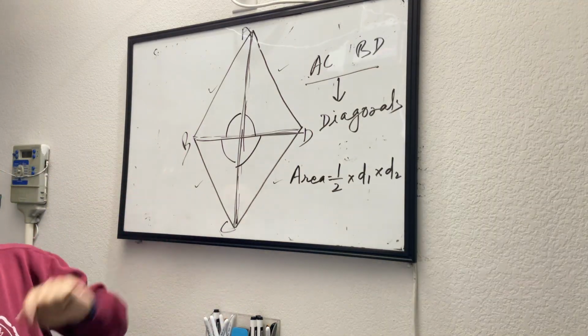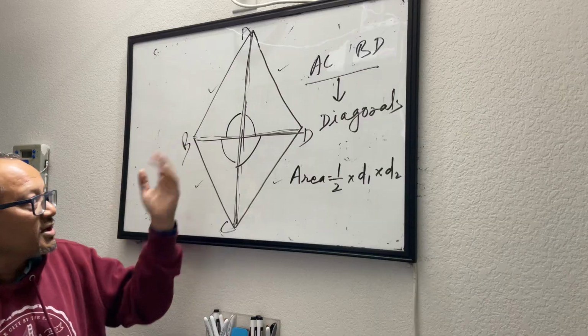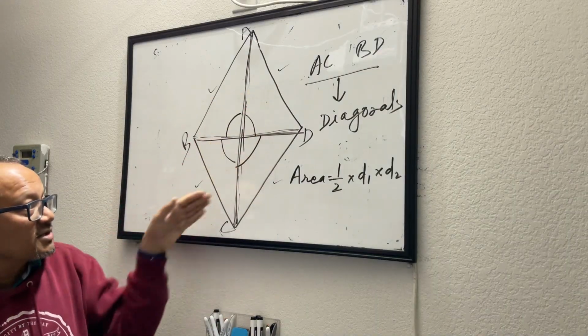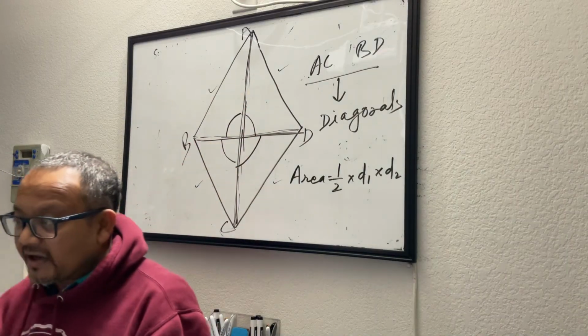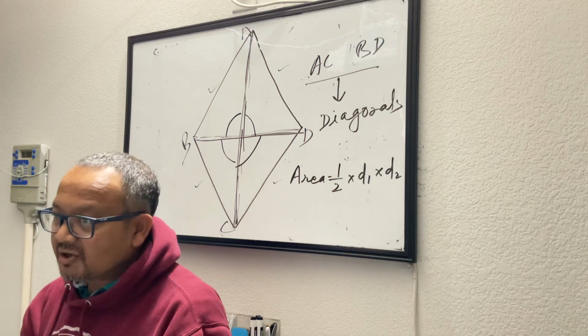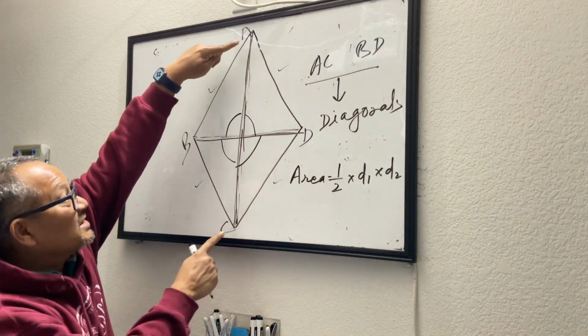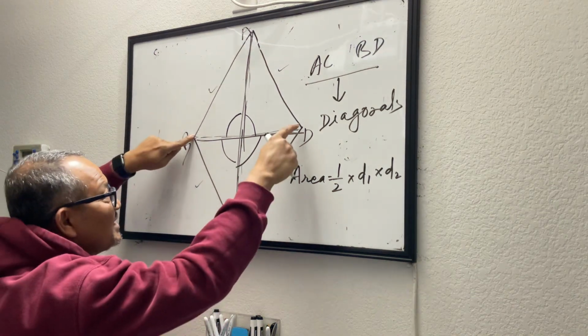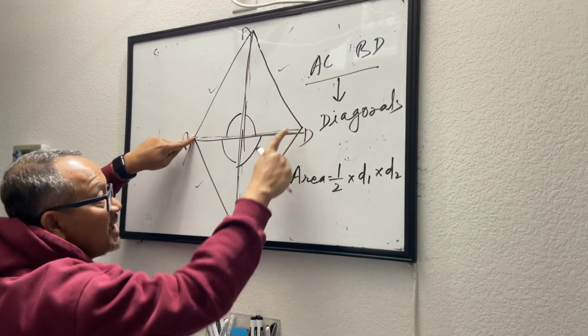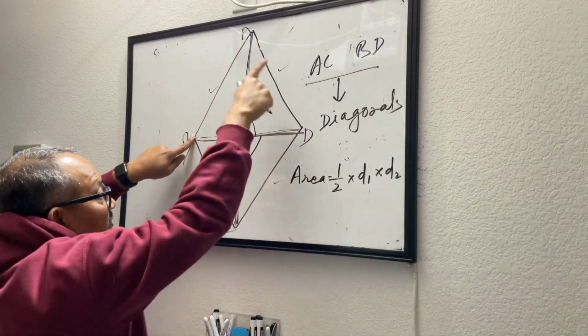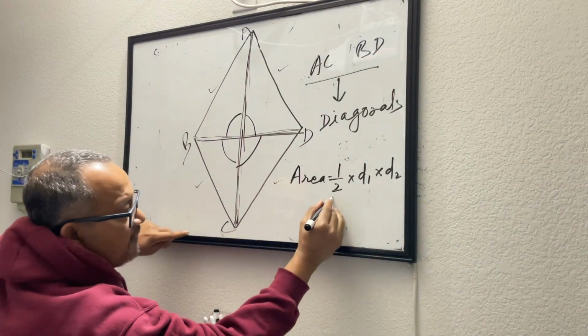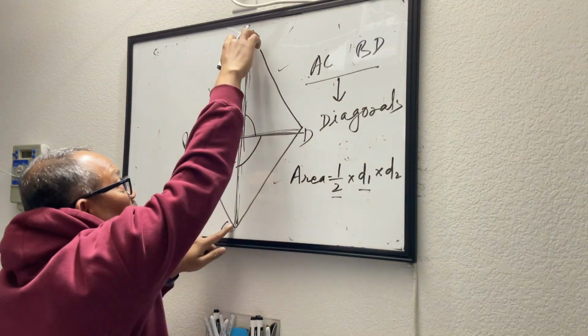We are talking about rhombus. There is no radius. We know all the sides are same. But when it comes to finding out the area of a rhombus, you go by the diagonals. We split this into 4 equal triangles, and the area of the whole rhombus would be half times diagonal 1 times diagonal 2.